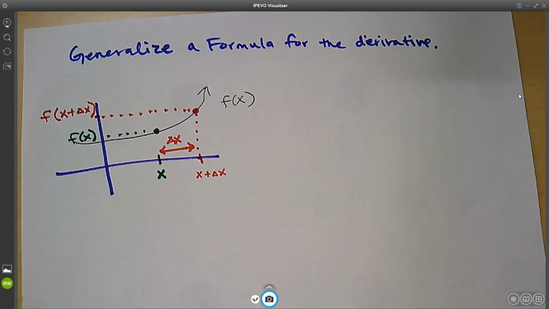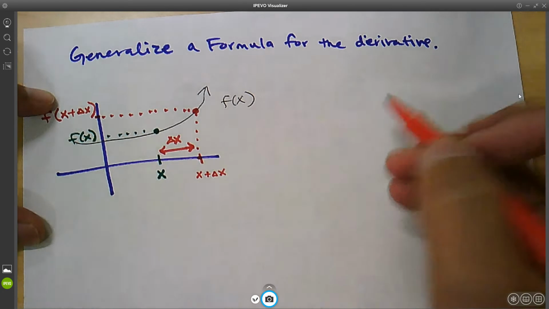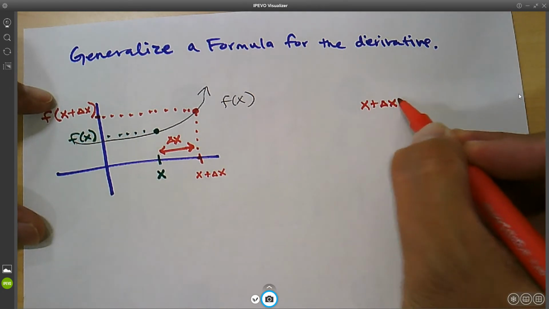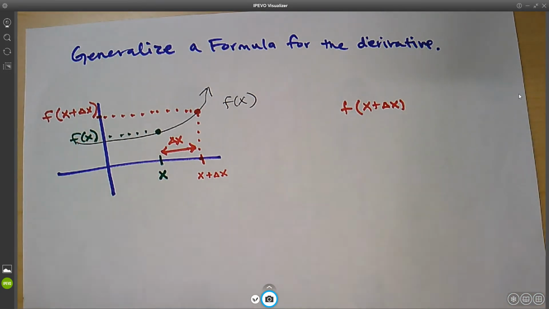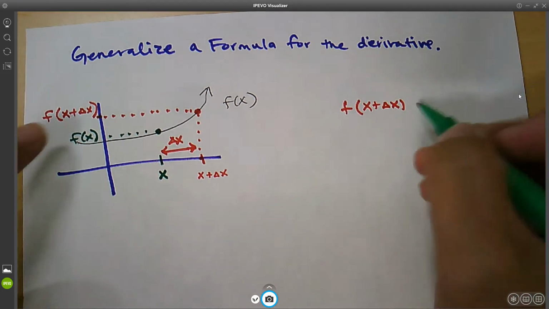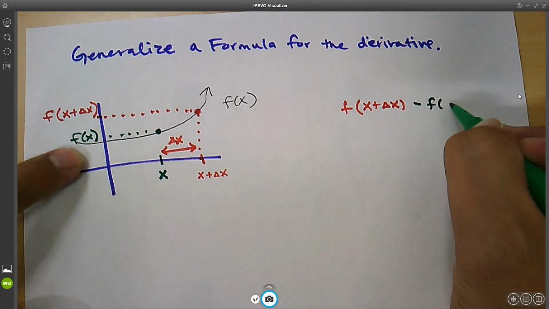Very good. So we're going to begin like the secant line. We're going to create y2, which is f of x plus delta x, minus y1.